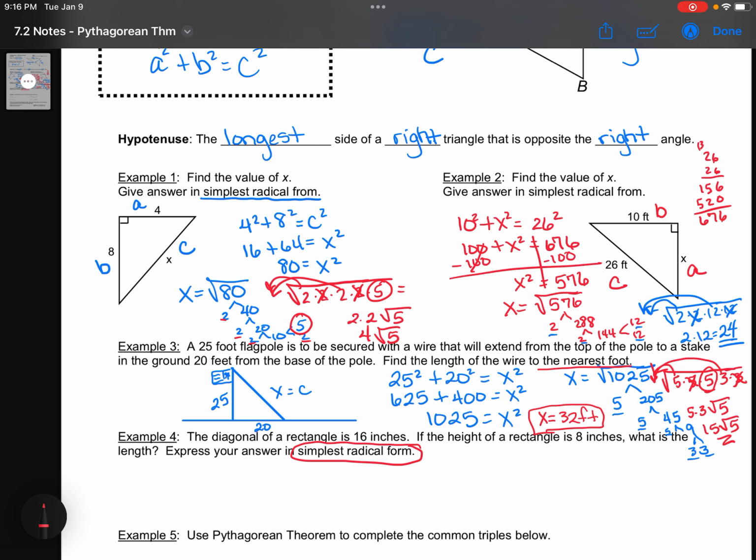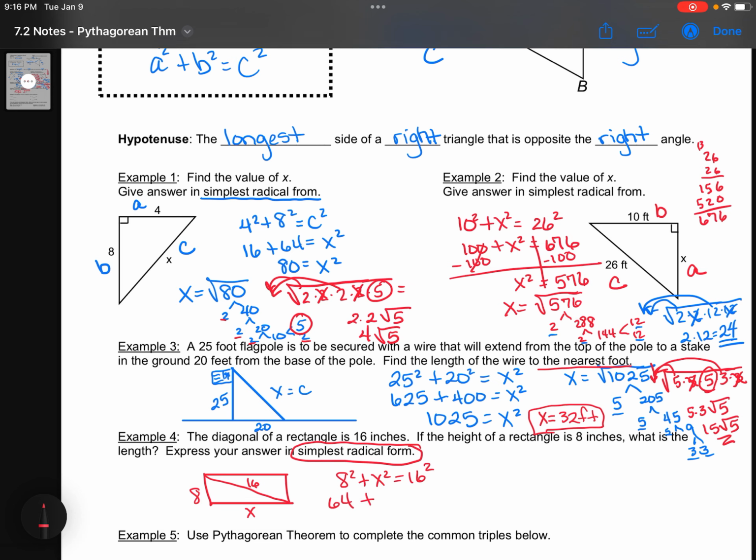All right, so I have a rectangle, and the diagonal is 16. The height is 8, and we're looking for the length. So we have 8 squared plus x squared equals 16 squared.